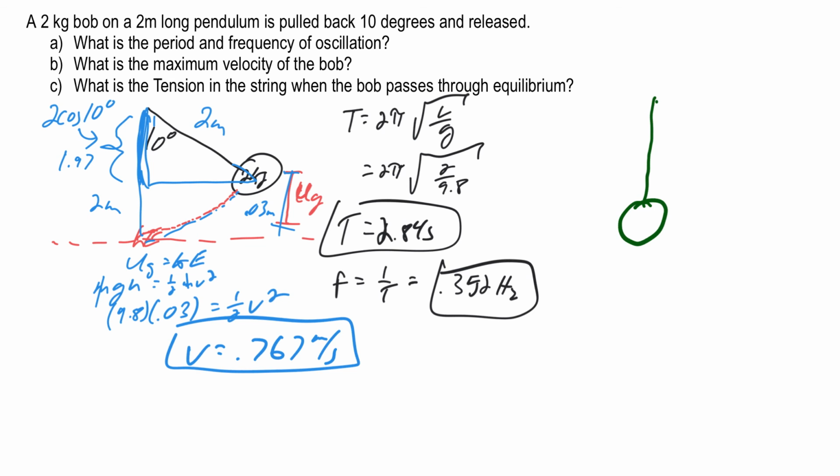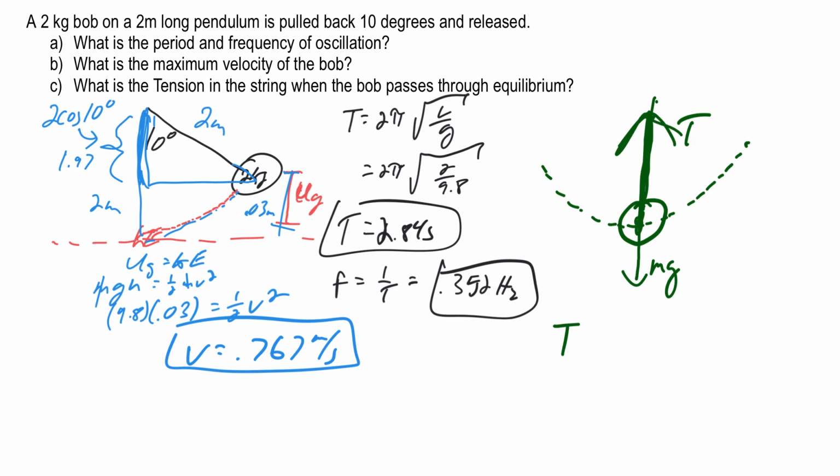So at the bottom, we have mg, and we have tension. Now, if you've learned this yet, you know that this tension has to be bigger than mg because it's going down and then it's going up. So the string has to pull up on this to keep it moving in the circle.